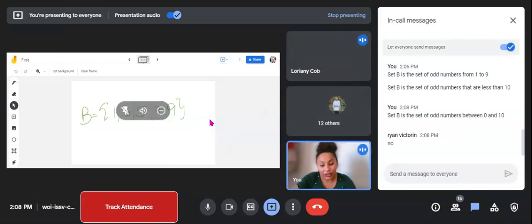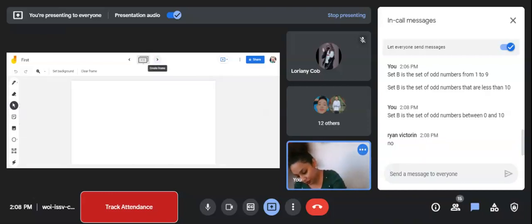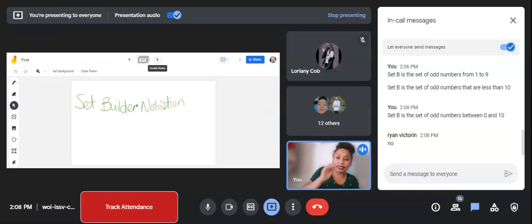Okay. So now let's go to the last one. And the last one is what we call the set builder notation. Now, what is set builder notation? Set builder notation is the same thing where you have to give the set a name, you have to use your curly brackets, but we use a letter, and it could be any letter, right?